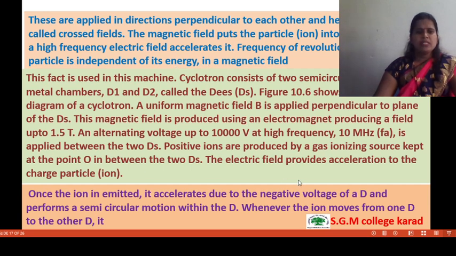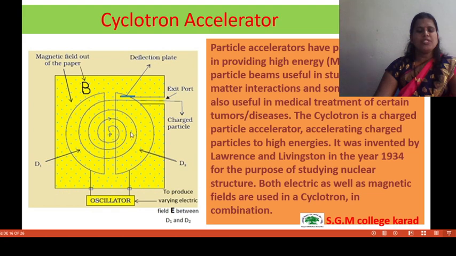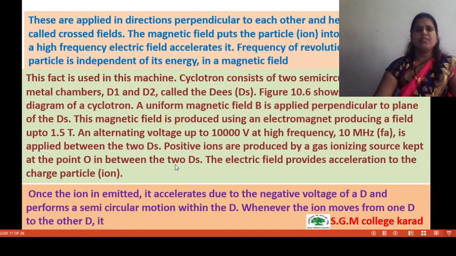Here, once again, there are two Ds, and the charged particle is placed between them. The electric and magnetic fields are perpendicular to each other; the electric field accelerates the particle, and the magnetic field puts the particle in a circular path. The frequency of revolution is independent of energy, and this fact is used in this machine.